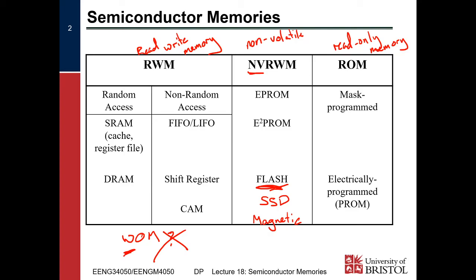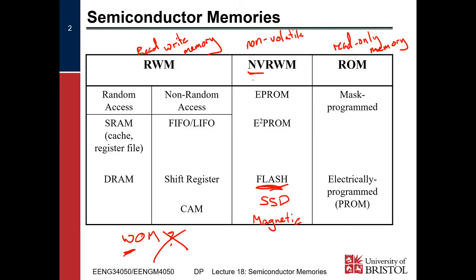There's no point reading the baud rate, you already know what it is. So configuration sometimes will be write-only, but that's a very specific thing, and it's not really a memory at that point. But generally we don't have write-only memories because they're useless to us.